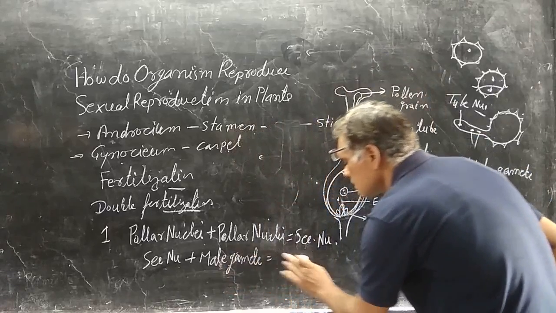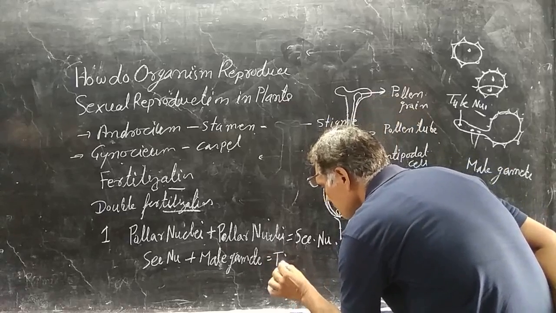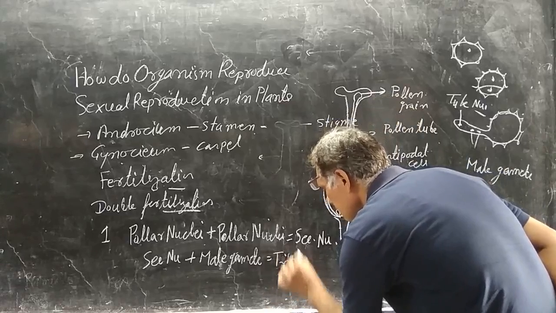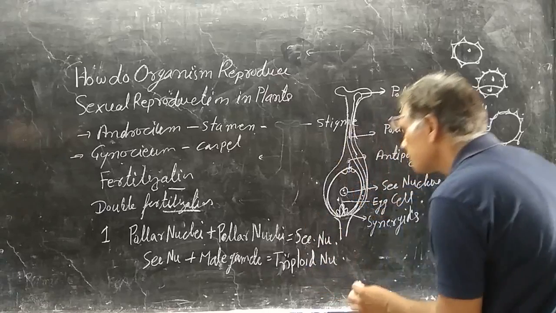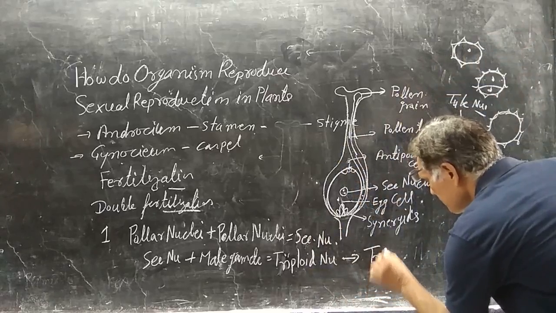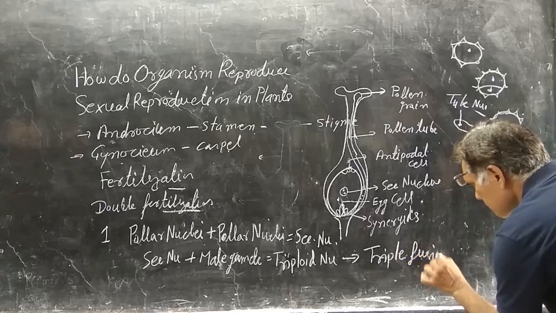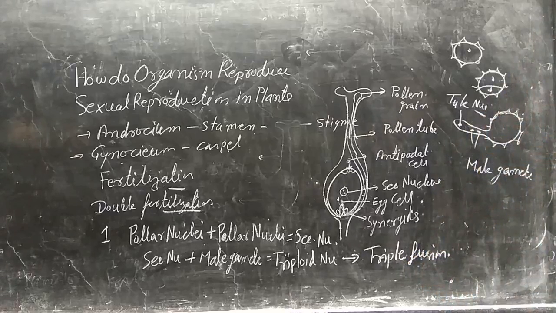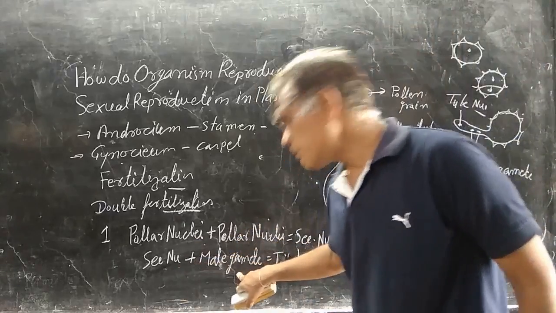This process is known as triple fusion, or they form a triploid nucleus, because here three nuclei are fused: one polar nucleus, a second polar nucleus, and the third one is the male gamete.